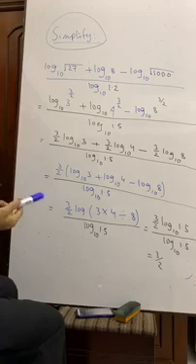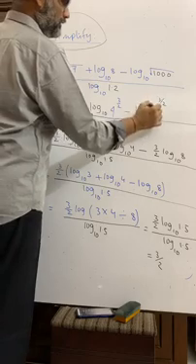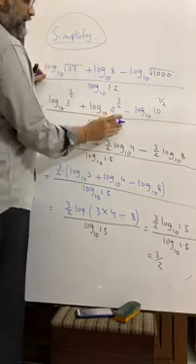Okay, so what should we do? Nothing, just this is 10 and this is here 1.2.